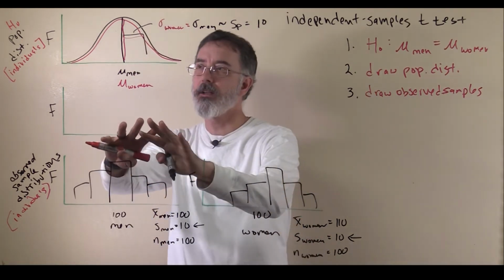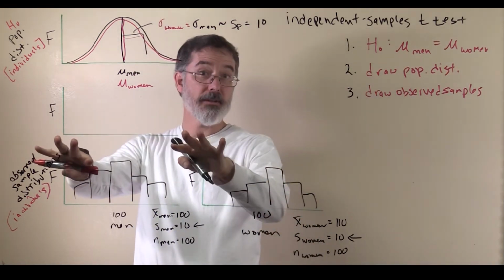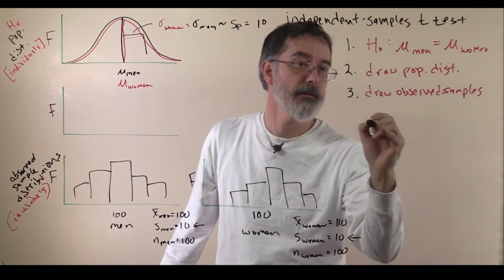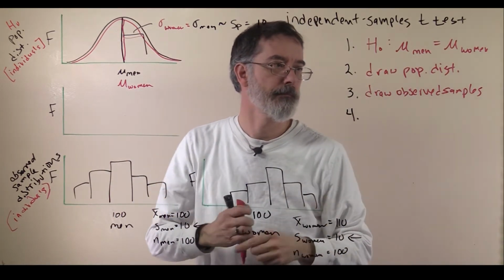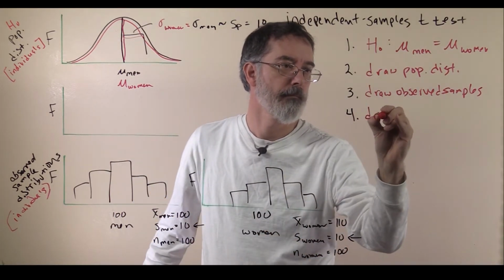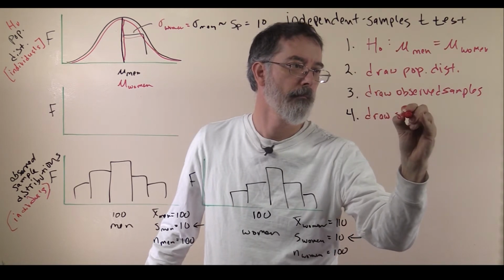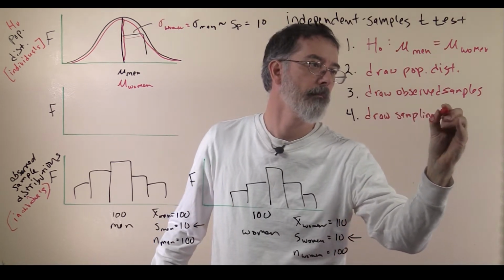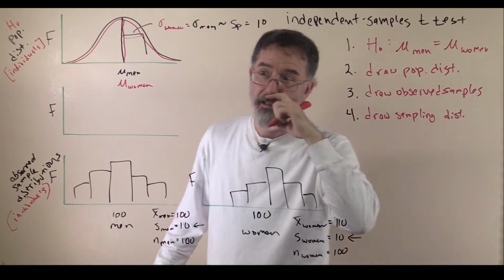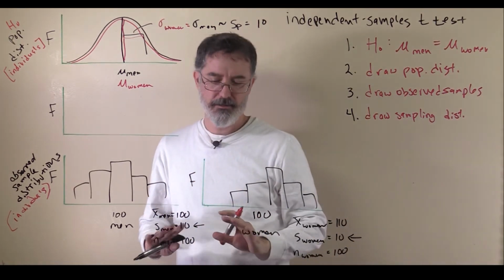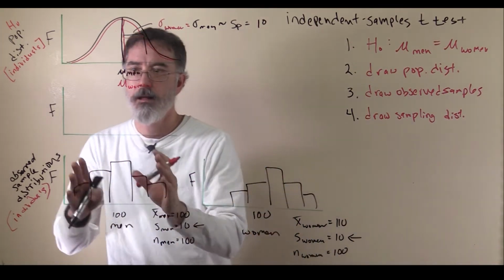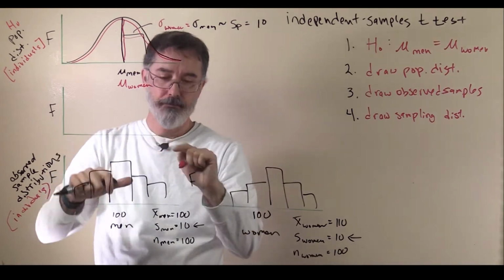Next, what we'll do is figure out what the sampling distribution looks like for an independent samples t-test. And for this, let me spend just a little bit of time explaining what's going to be down here, right?